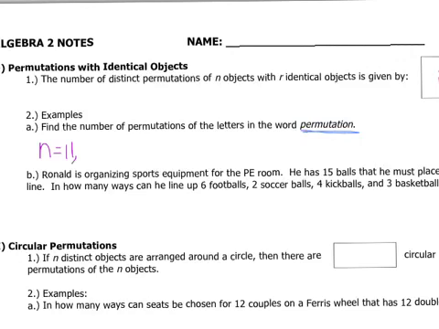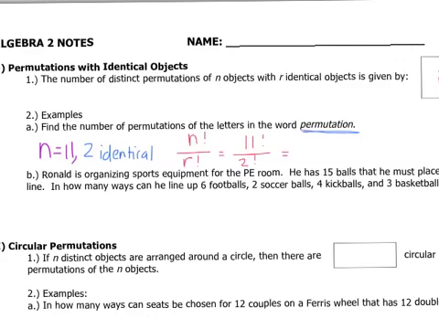And then we need to count how many identical objects we have. So we have, let's see, a T there and a T there. So we have 2 identical objects. So what we would do with our formula, n factorial over r factorial, we have 11 factorial over 2 factorial to account for the repeaters.